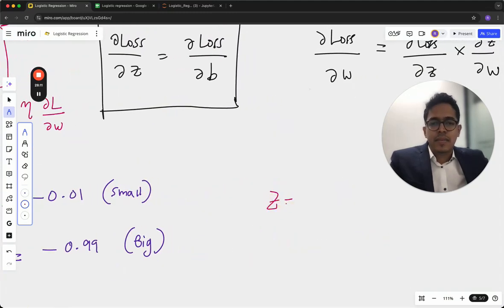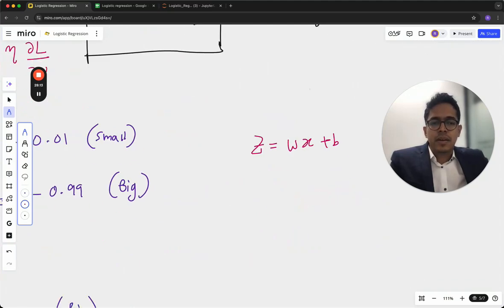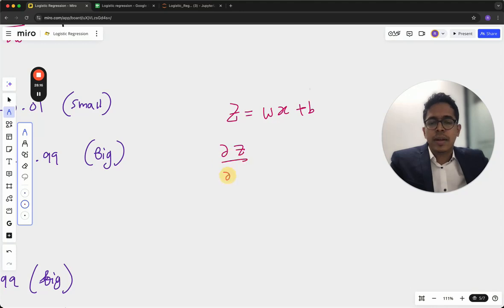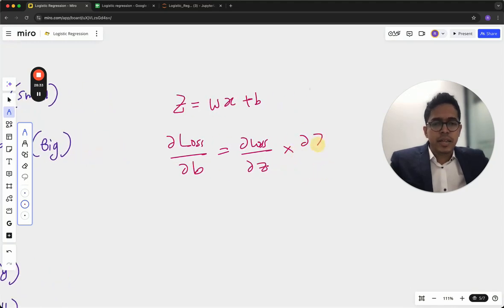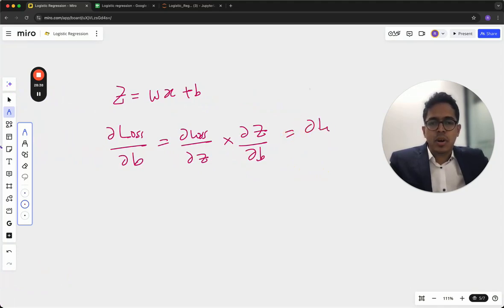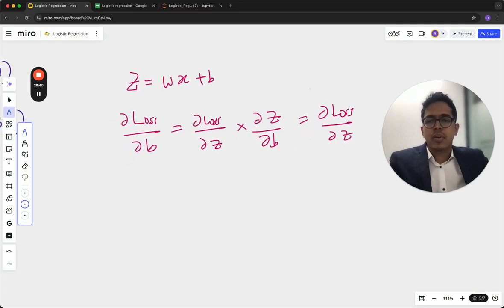See, z = wx + b, which means ∂loss/∂b = ∂loss/∂z times, using chain rule, ∂z/∂b, and ∂z/∂b is 1. So this is the same as ∂loss/∂z. So to calculate the change in loss with respect to b, you just need the change in loss with respect to z.